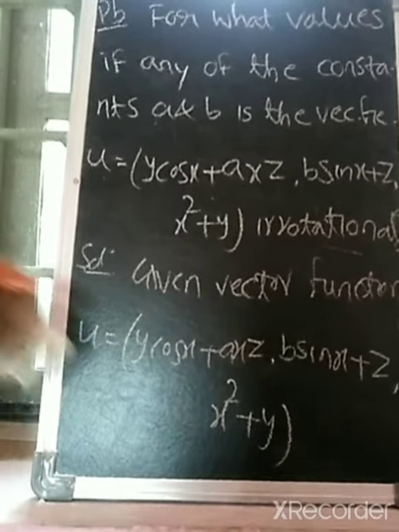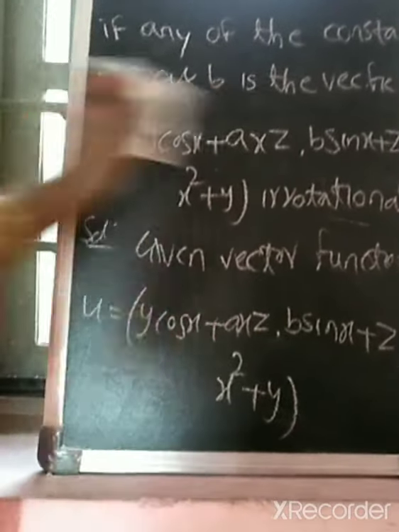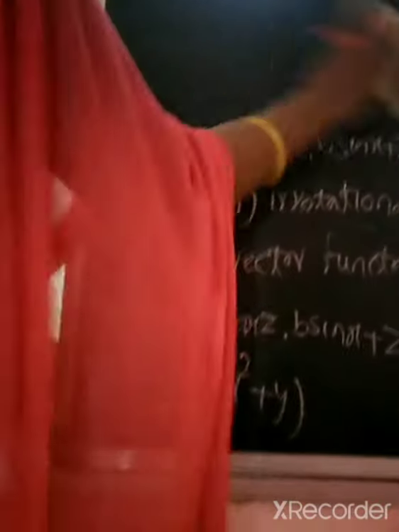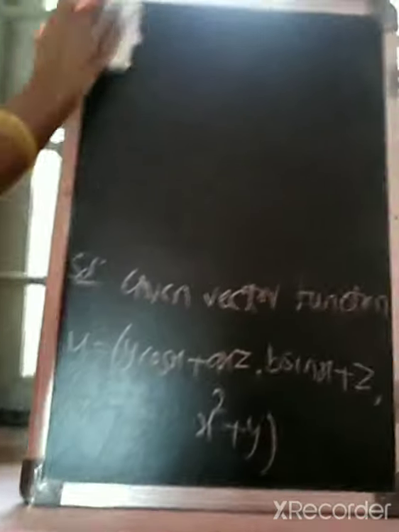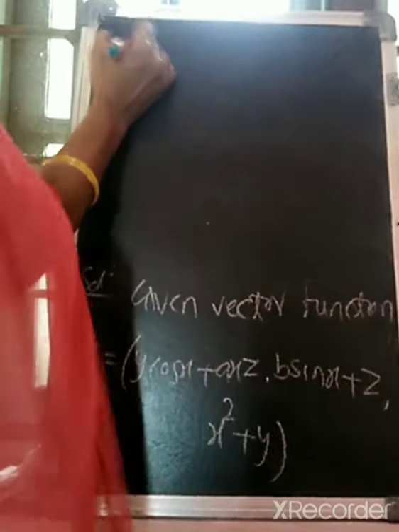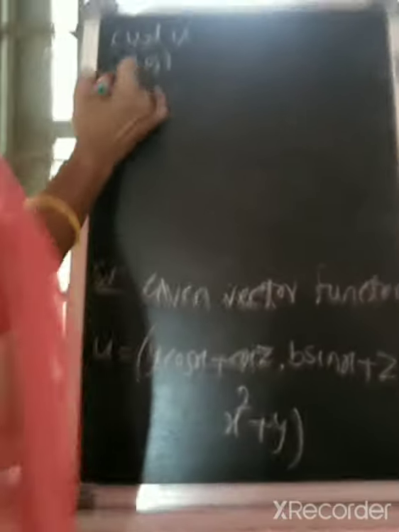So first we find curl u. Then curl u is irrotational, given, so that is equal to 0. Then we have the values of a and b. So we find curl u first, or del cross u.